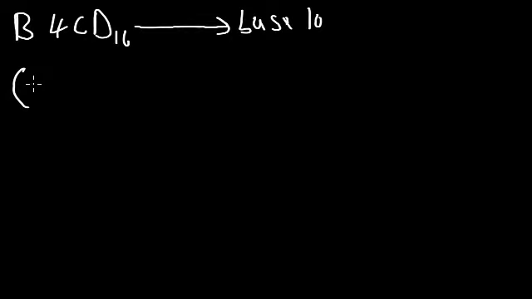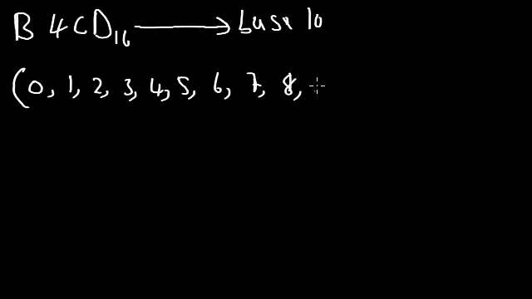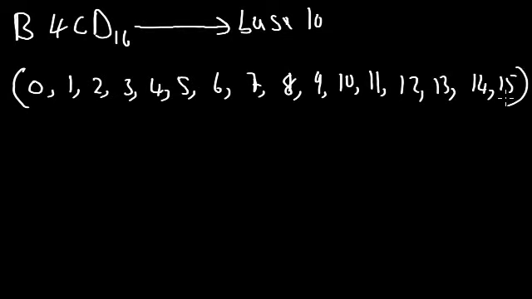So assuming I wanted to write all the digits that make up hexadecimal numbers, I'm going to start from 0, 1, 2, 3, 4, 5, 6, 7, 8, 9, 10, 11, 12, 13, 14, 15. 16 must not be there because the digits must not be up to 16.